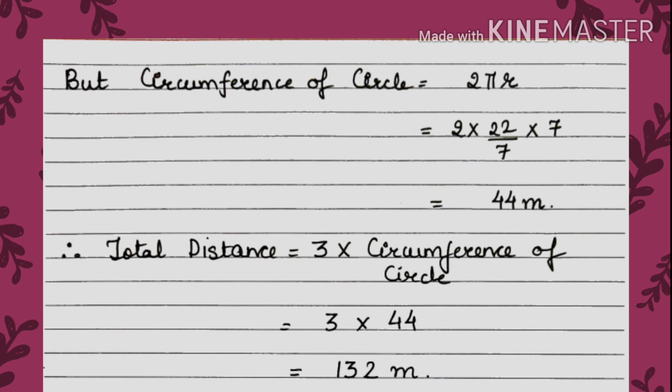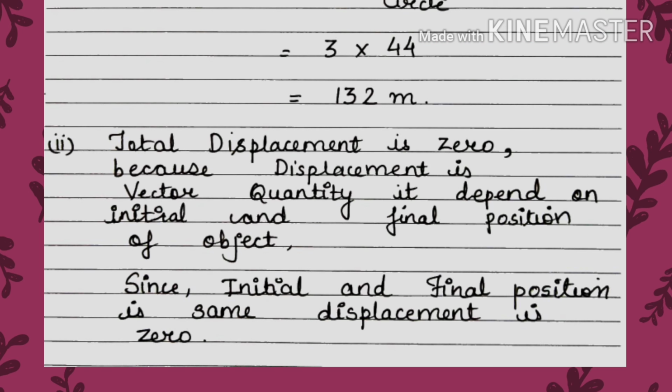But how many rounds has the person traveled? 3 rounds. So we multiply the circumference of the circle by 3, which is equal to 3 multiplied by 44, and we get 132 meters. 132 meters is the total distance covered by the person.